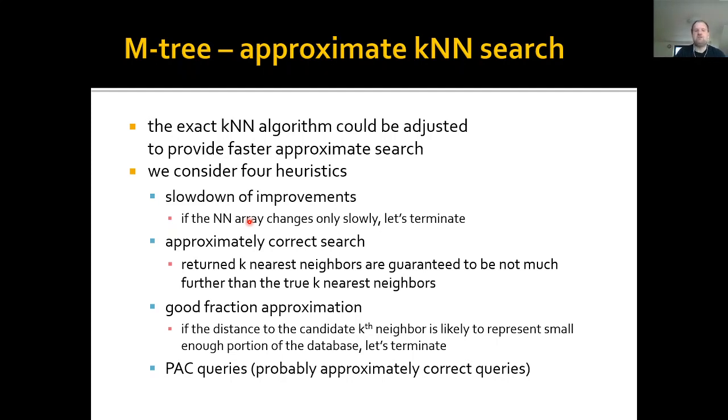So maybe it's good to speed up the search by giving up sooner and return what's already in the NN array. So this is the first heuristic.